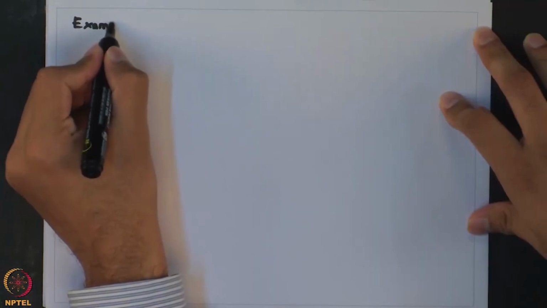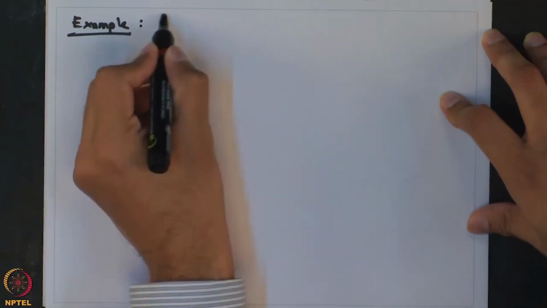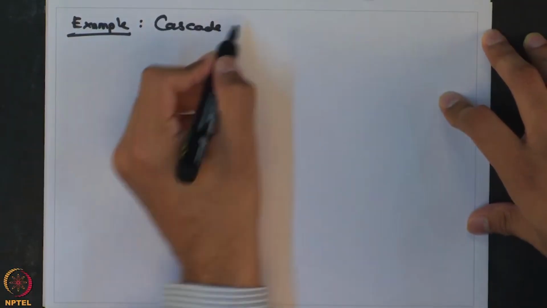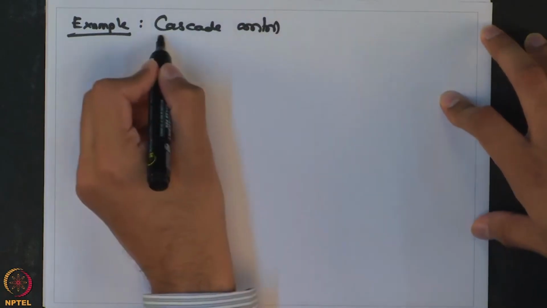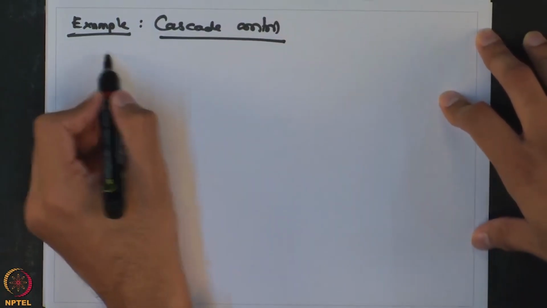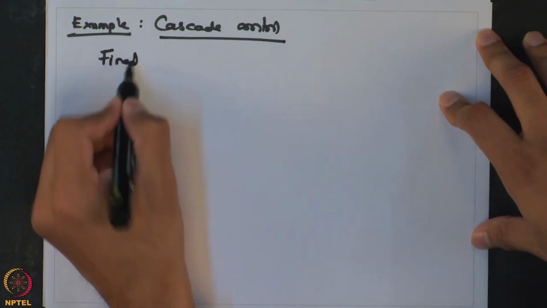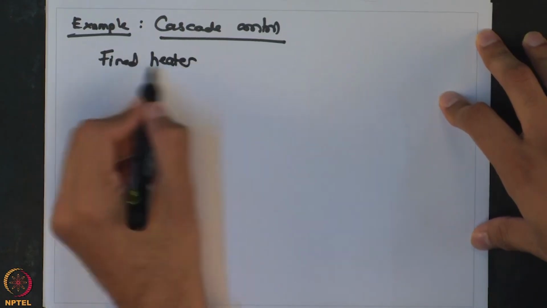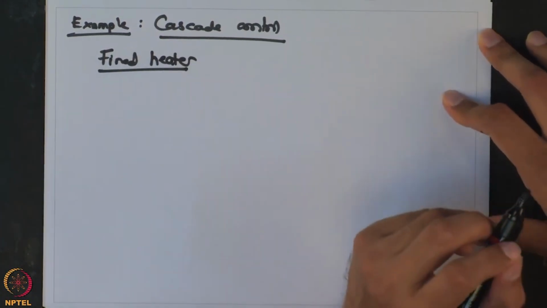In order to motivate the need for cascade control, let me take an example. Let us consider an example of a fired heater.